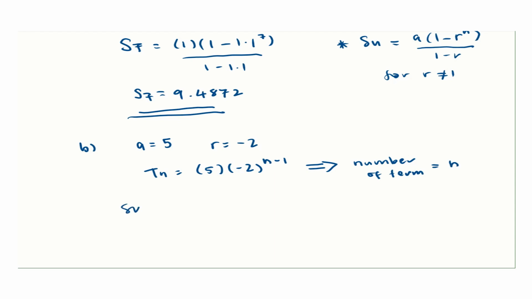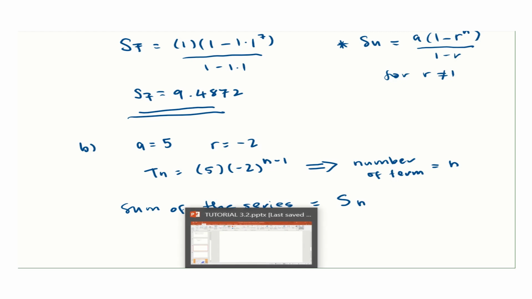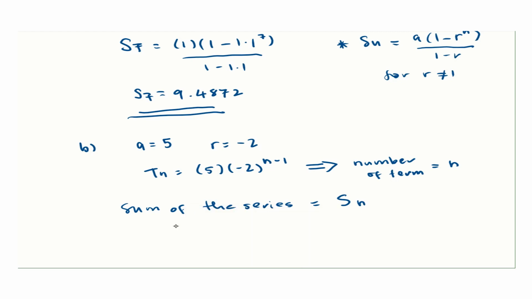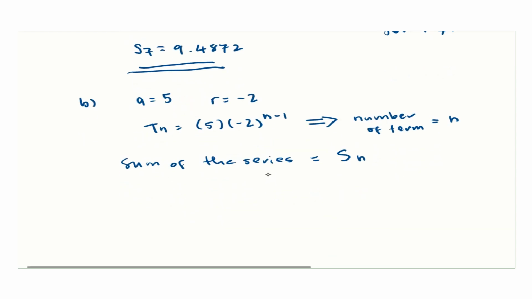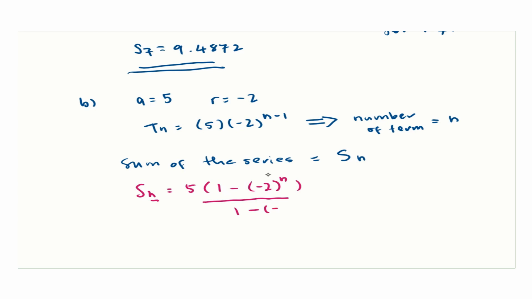So the sum of the series is equal to the sum of the first n terms. To find the sum of the first n terms, we use the formula Sn. We substitute a with 5, then 1 minus negative 2 to the power of n, divided by 1 minus negative 2.